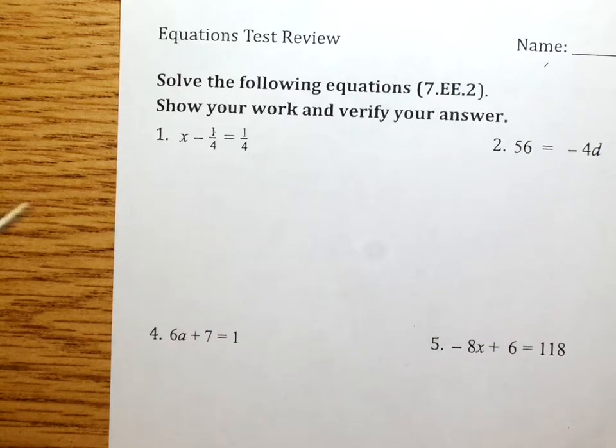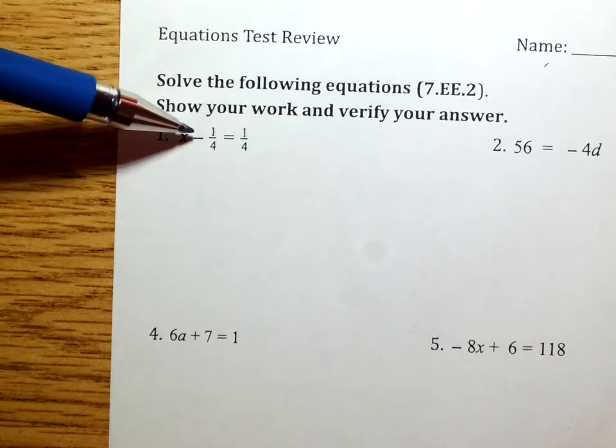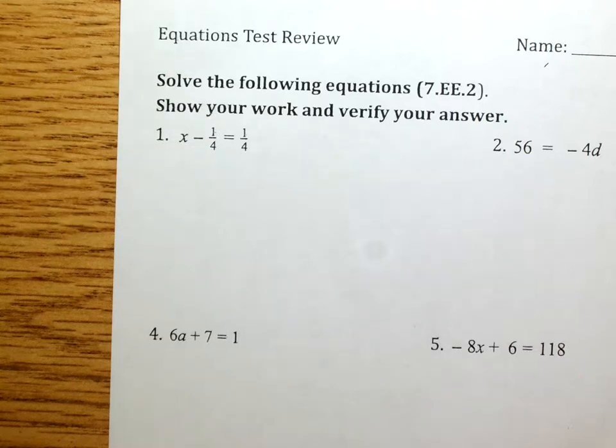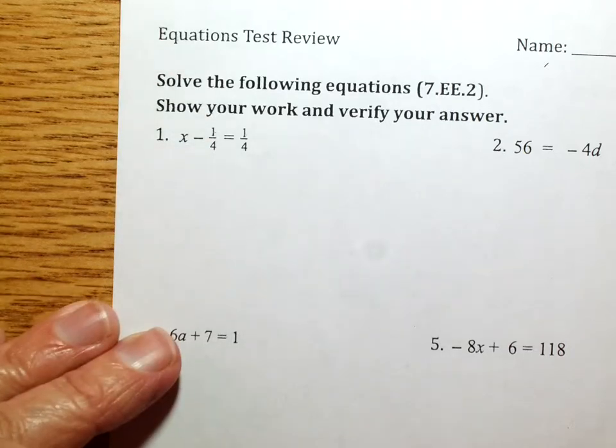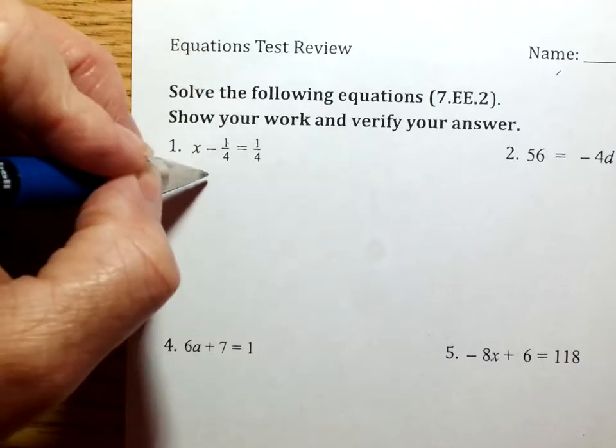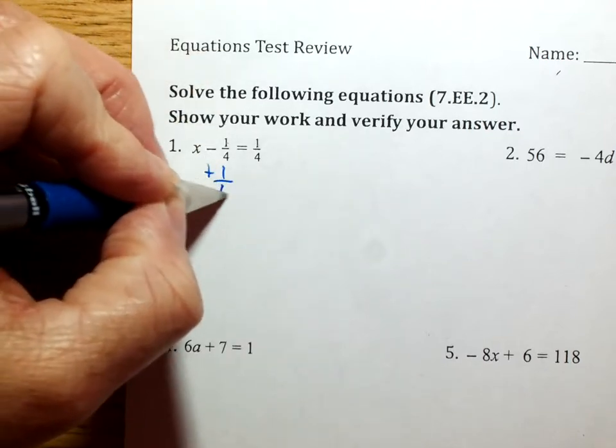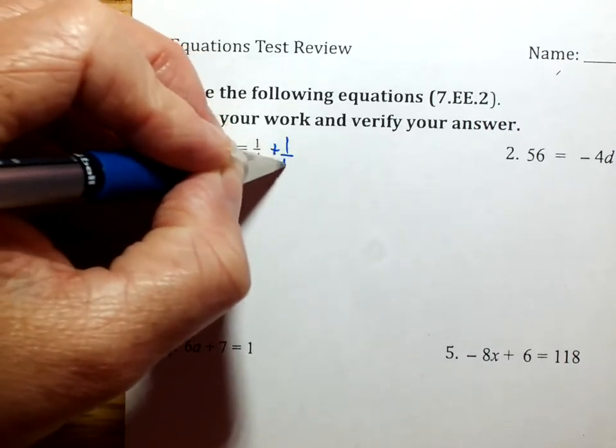Okay? Here we go. Number 1 says x minus 1/4 is equal to 1/4. You should be thinking automatically, I need to do the opposite of subtracting 1/4. So you're going to add 1/4 on this side and add 1/4 on this side.